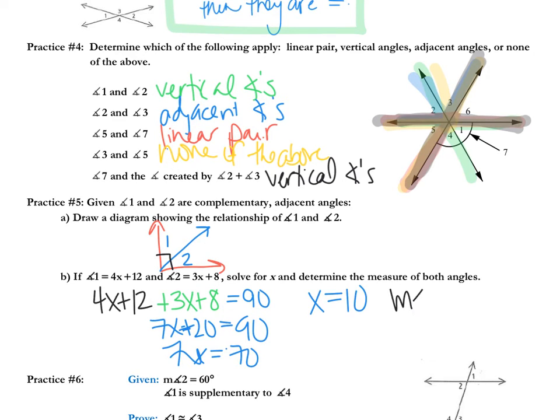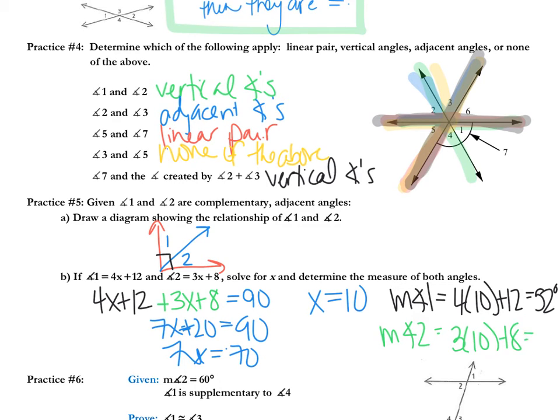So measure of angle 1, when we plug that in, we get 52 degrees. And then measure of angle 2 is 38 degrees. Again, at the end, check to make sure that they are truly complementary.